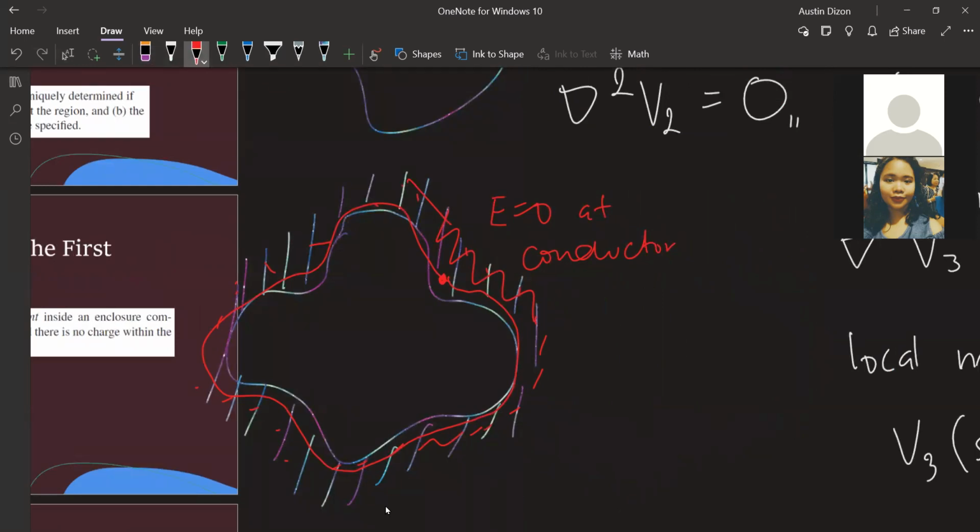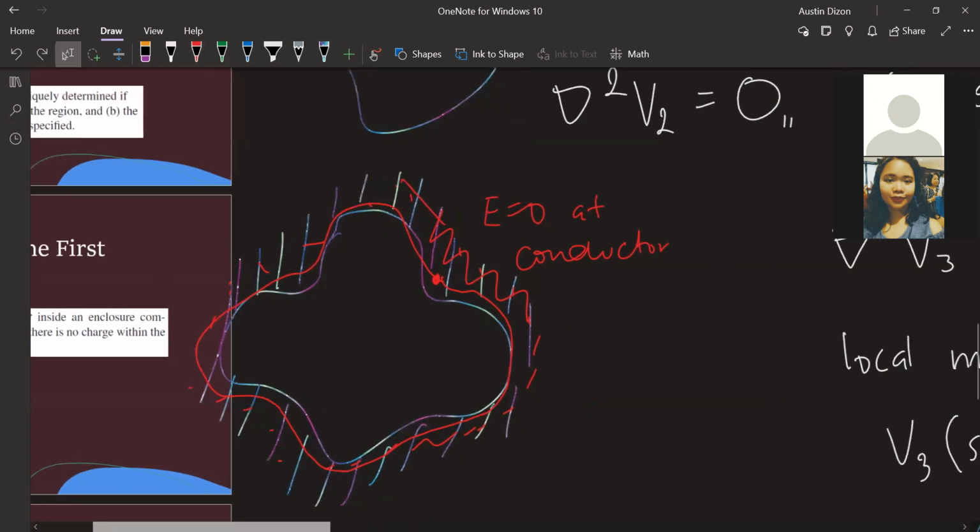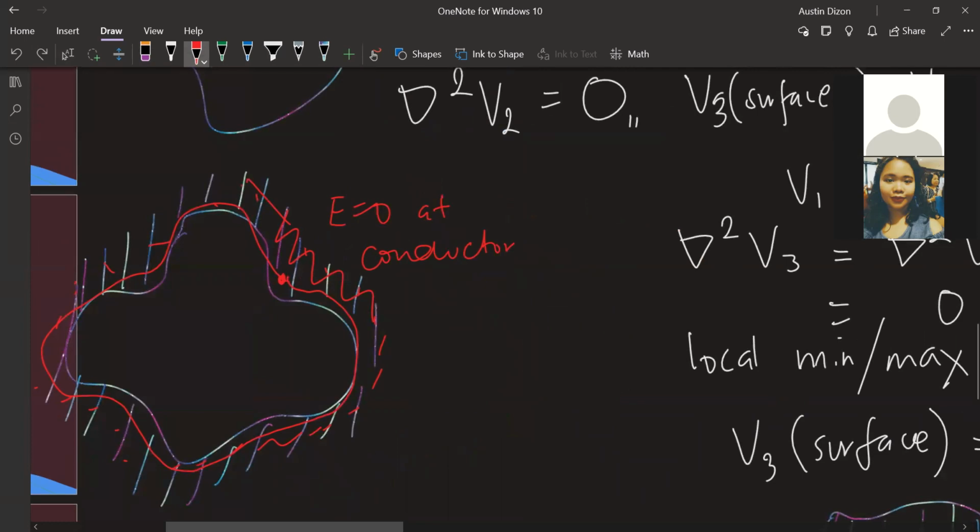Okay. So, when we get to the surface, since it's still a conductor, we'll get the... what do you call this. Since E equals 0, what is the definition of our potential in terms of E? Right?